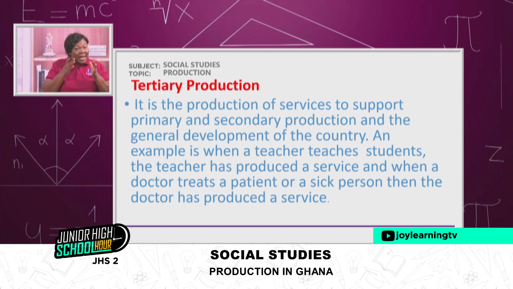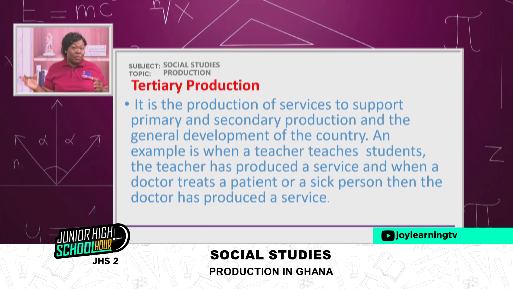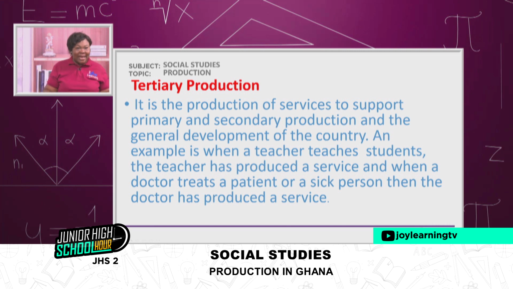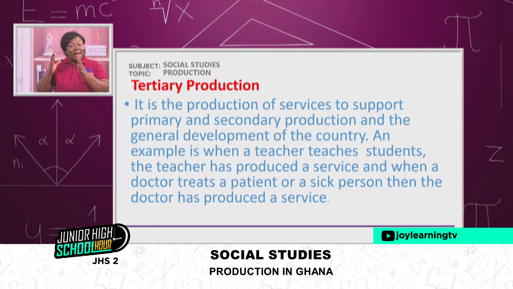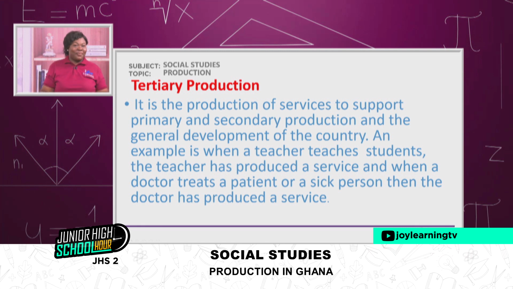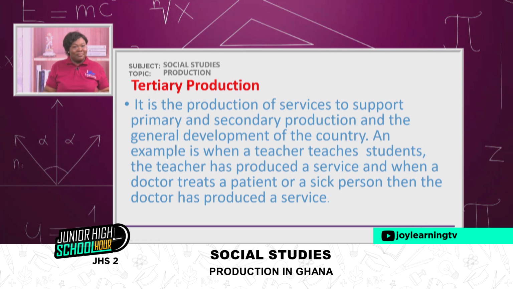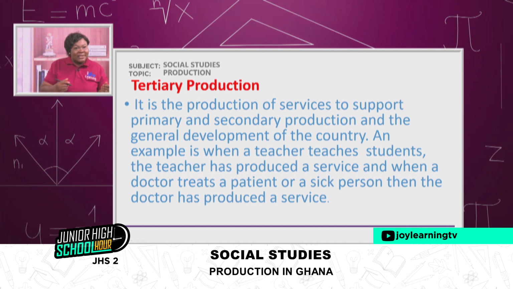So we have the Ghana Education Service because we render services. So we are the third stage of what? Production. When a doctor treats a patient or a sick person, then the doctor has produced a service. So we have Ghana Health Service. Do you see it? Another example is someone who quenches fire.